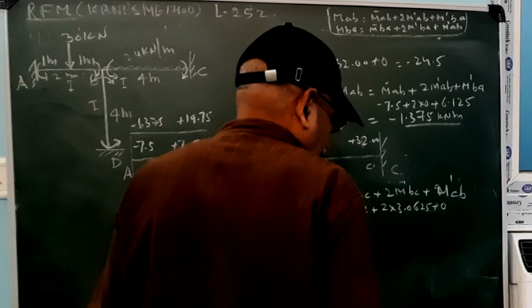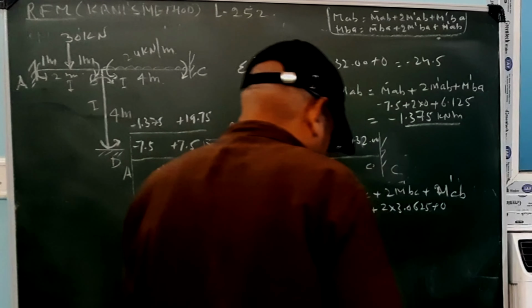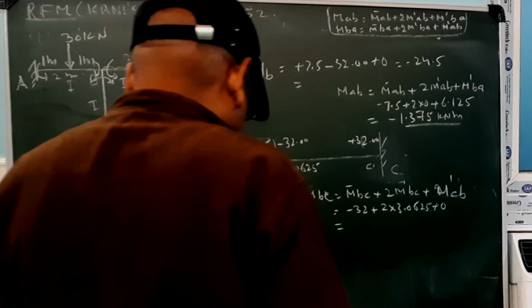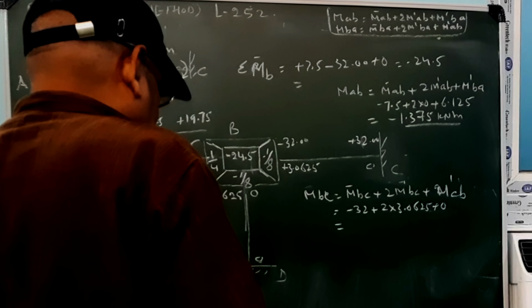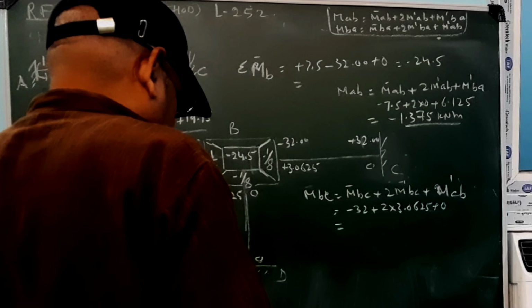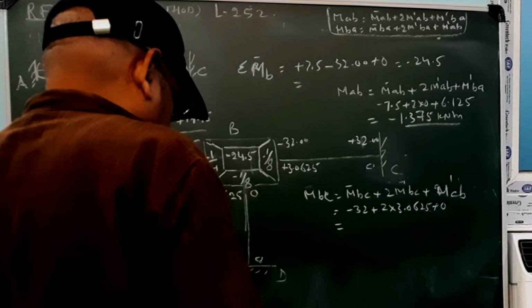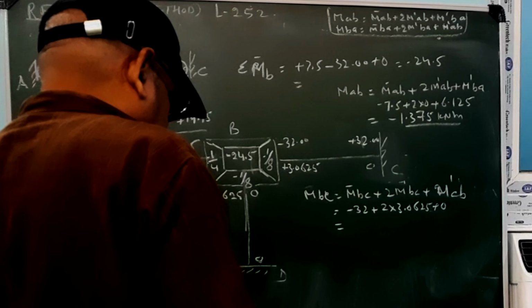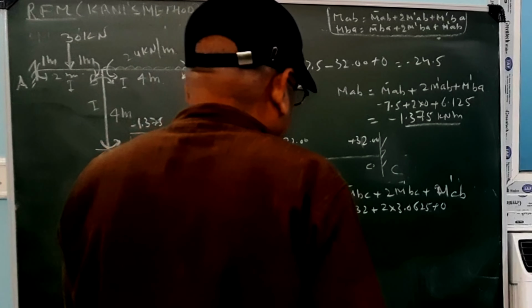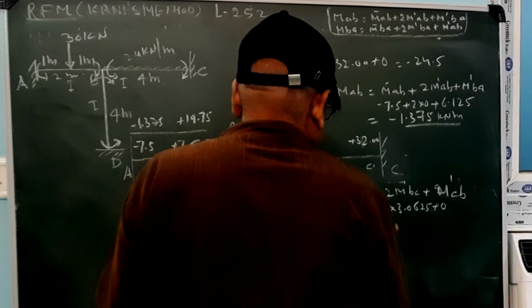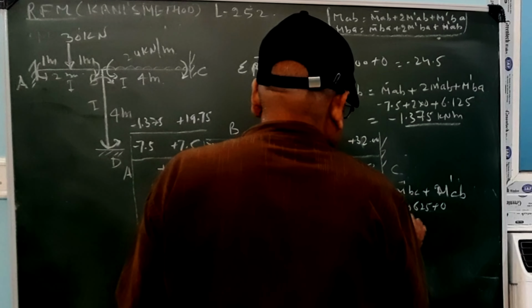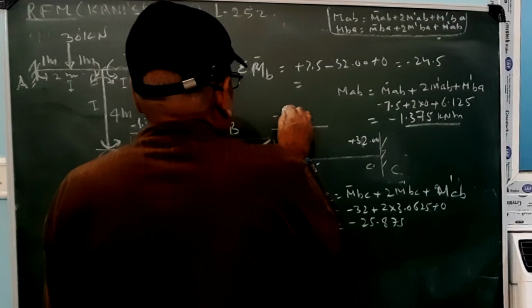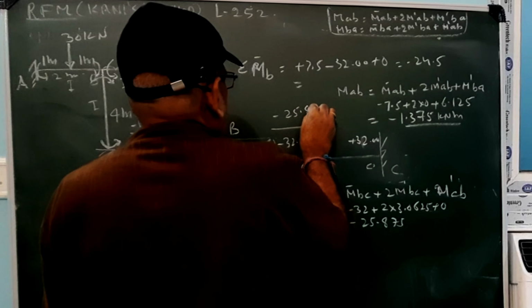So this is minus 32 minus 2 into 3.0625, which is minus 25.875.